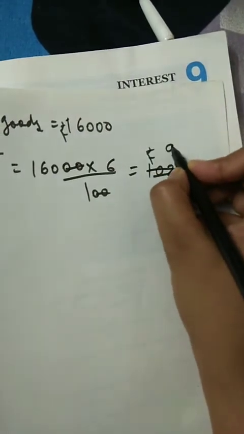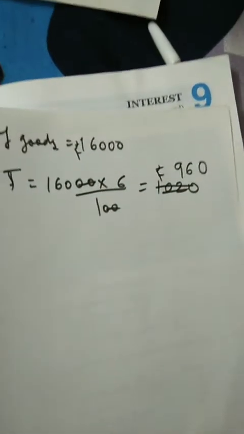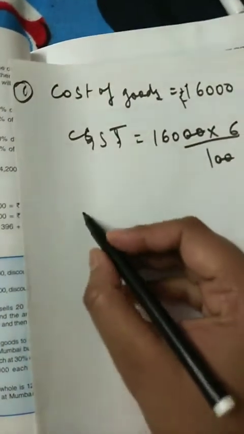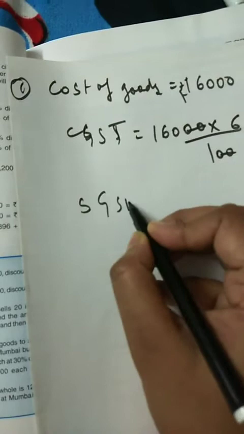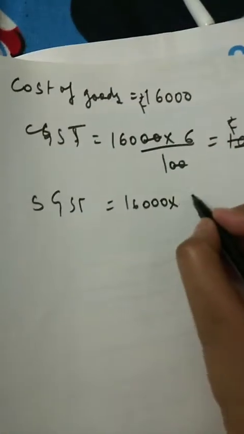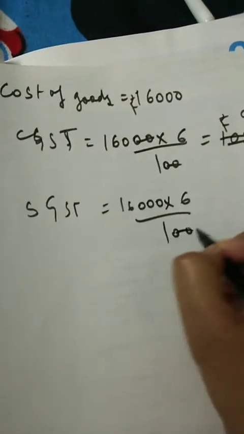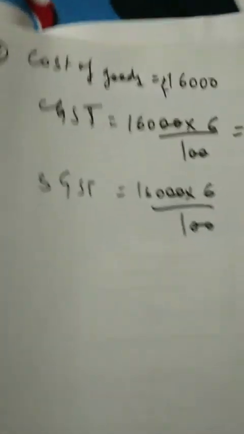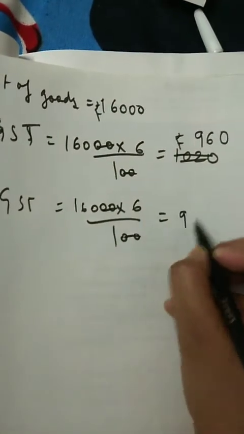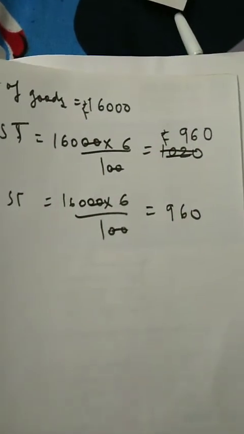rupees 960. Again for SGST it will be 16,000 of 6 upon 100, it is 960 again.